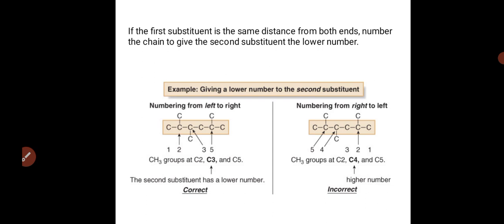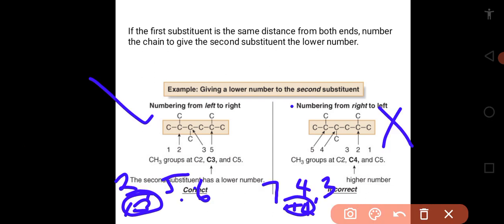So at carbon 2 we have, at carbon 3 we have, at carbon 5 we have. But if you number it from the other direction, that is 1, 2, 3, 4, 5, 6, so you see that the methyl here, the lowest number will be if you follow it in this direction.